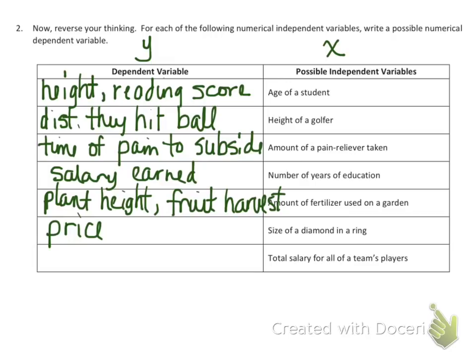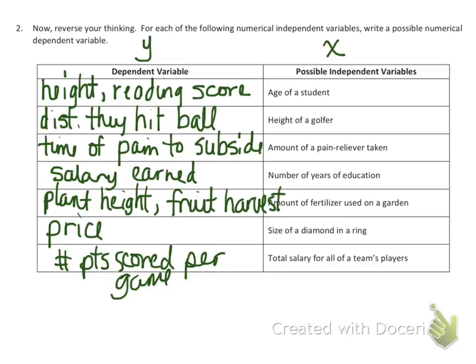So total salary, and we could say number of points scored per game. Okay, so can we predict the number of points a team is going to score by the amount they pay for their team players? I don't know. But we could do some data gathering and figure out if there is a correlation.